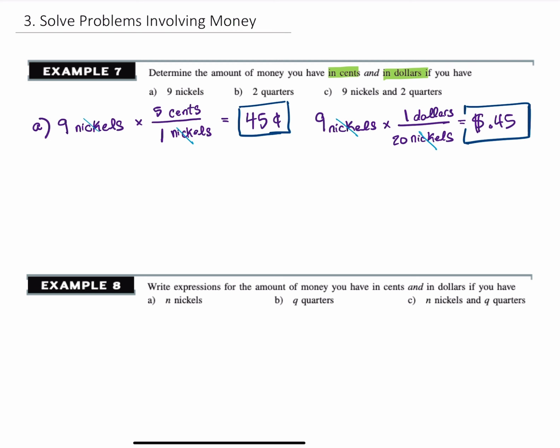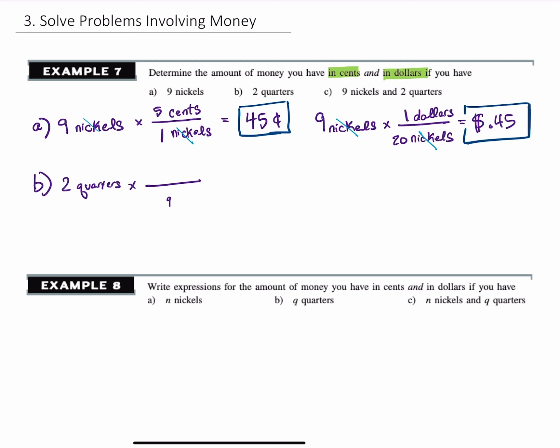So let's keep going with the example. For B, it says we have 2 quarters. And I want to convert this to cents. I want to convert the quarters unit into the cents unit. So you can imagine doing the same thing, converting like ounces to liters or something like that. So I put the unit I don't want on the bottom.